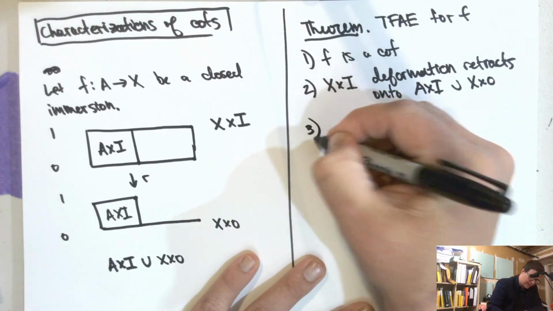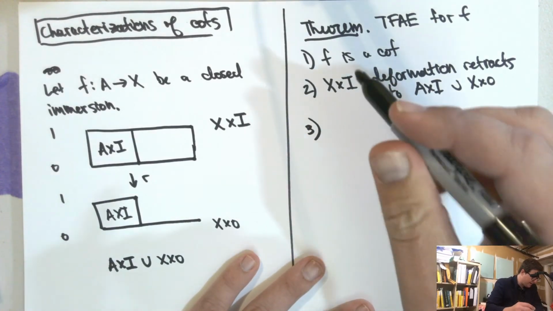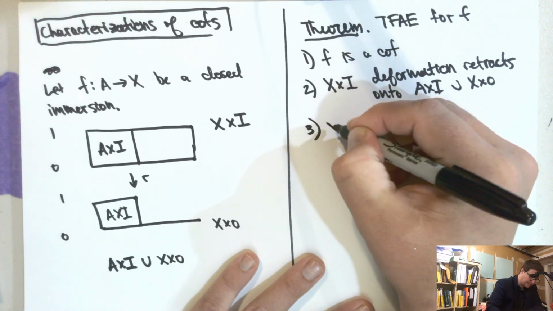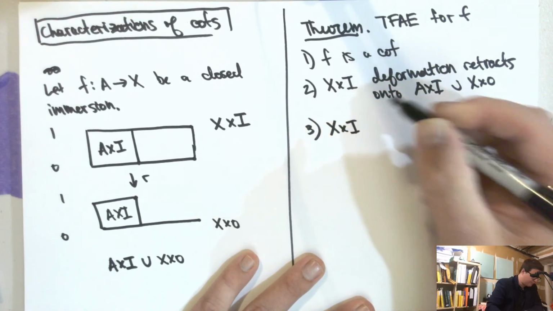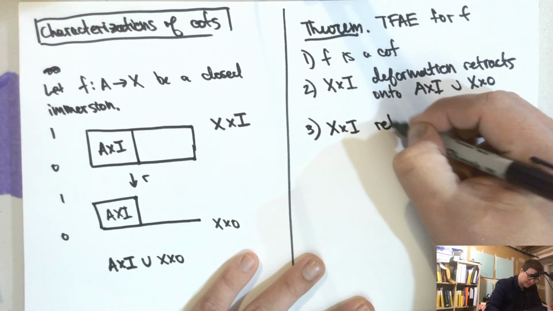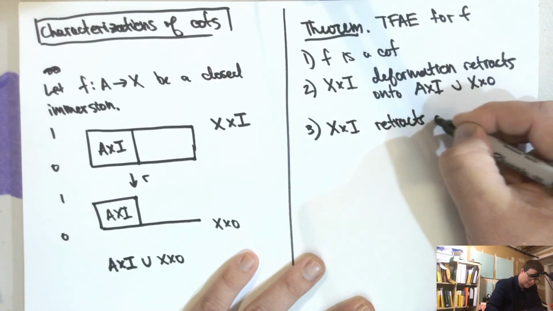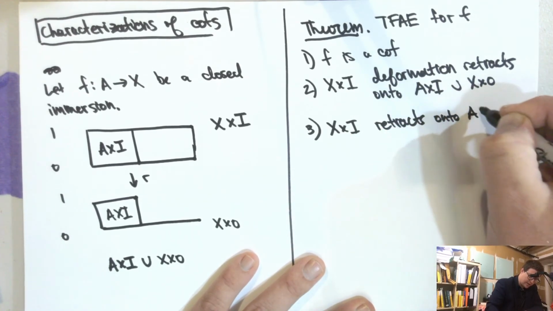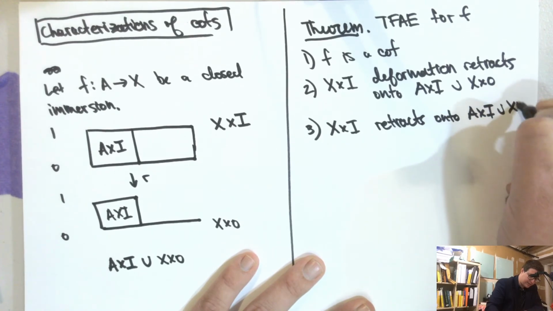And then three is that X cross I just retracts onto A cross I union X cross 0.